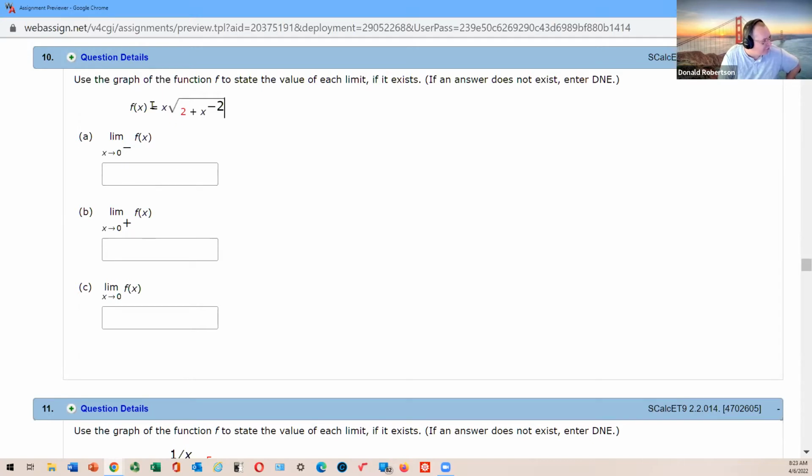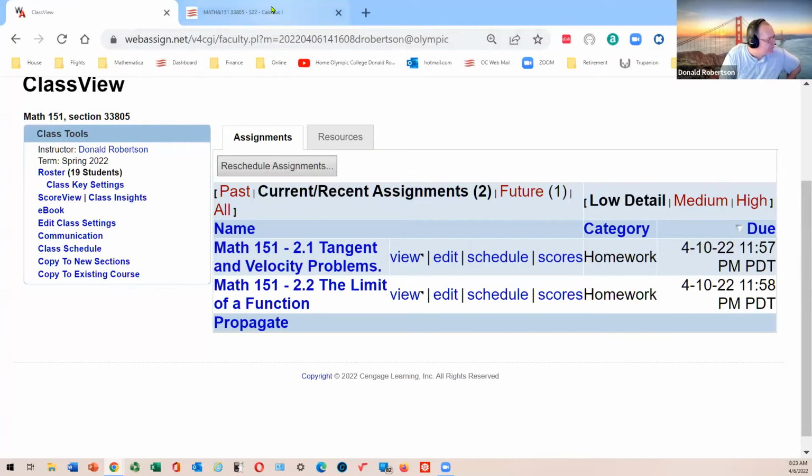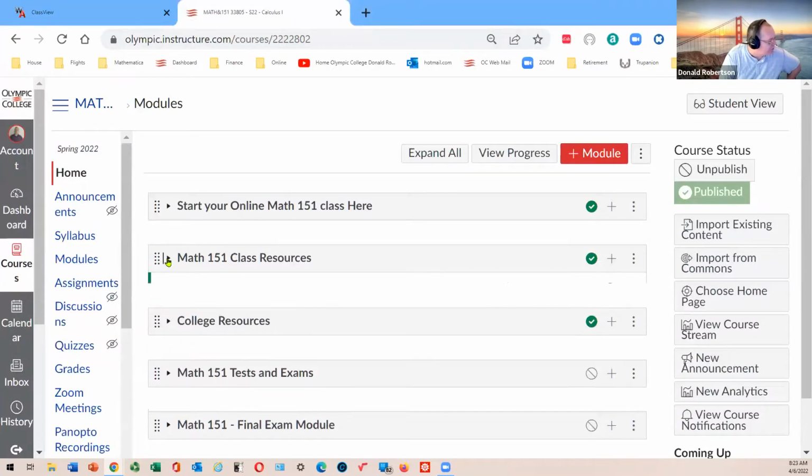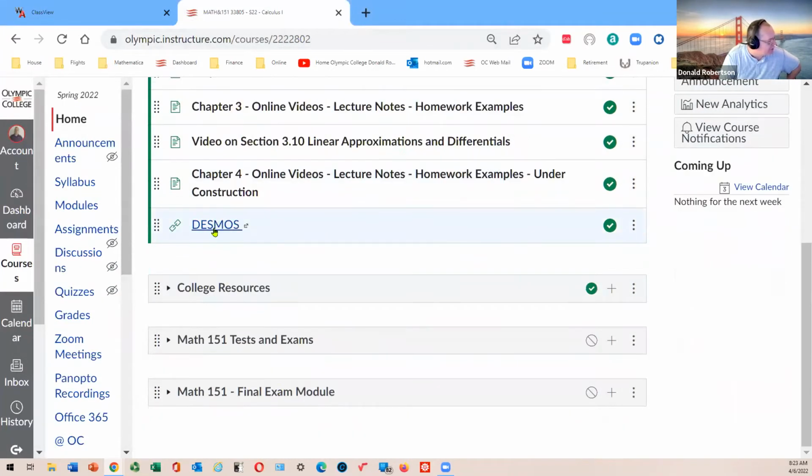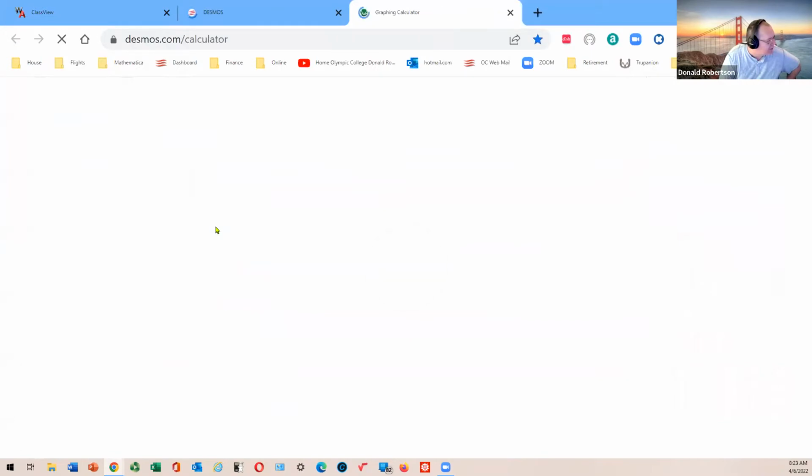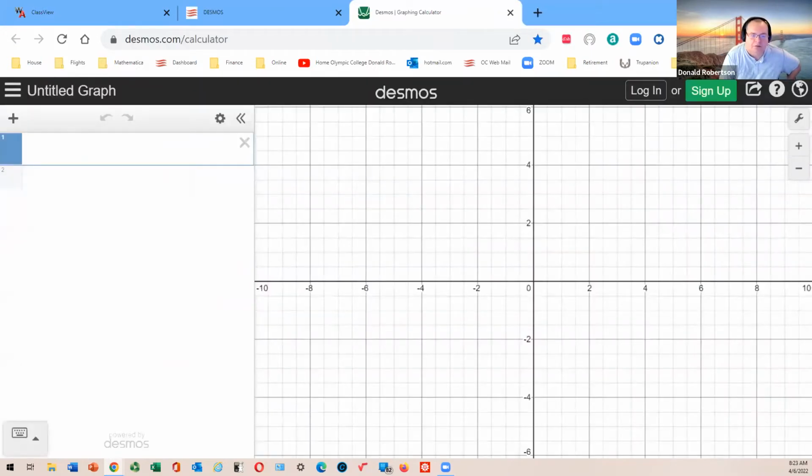So they're interested in, what does this function do as x comes in from the left, comes in from the right, or overall? Yeah, that I think I should show you. So if you hold on for a moment, I'm going to set up Desmos. Here we go.